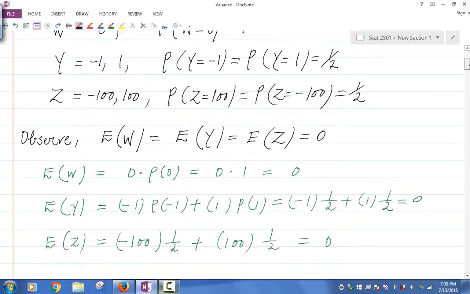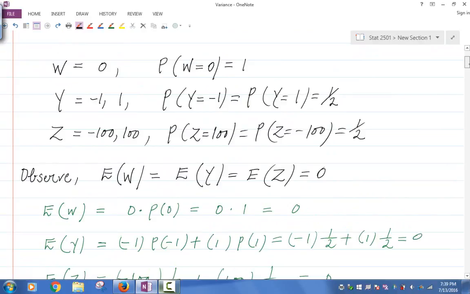Now clearly, if I look at the mean of each of these variables, the mean 0 doesn't tell us how these variables are different from each other. If you think about these three variables, it seems like they are different in the spread of their values.